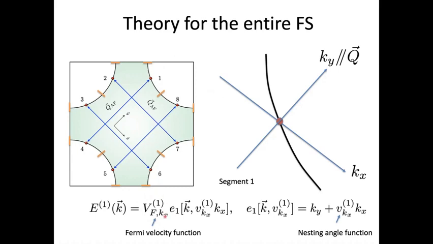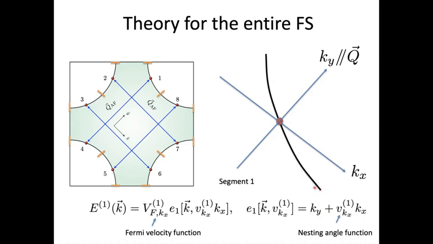So the Fermi velocity is a function of kx. Furthermore, the shape of the Fermi surface is specified by another function, little v. So the Fermi surface is where ky equals minus v kx, but v itself is a function of kx. Therefore, the Fermi surface is in general a curved line.